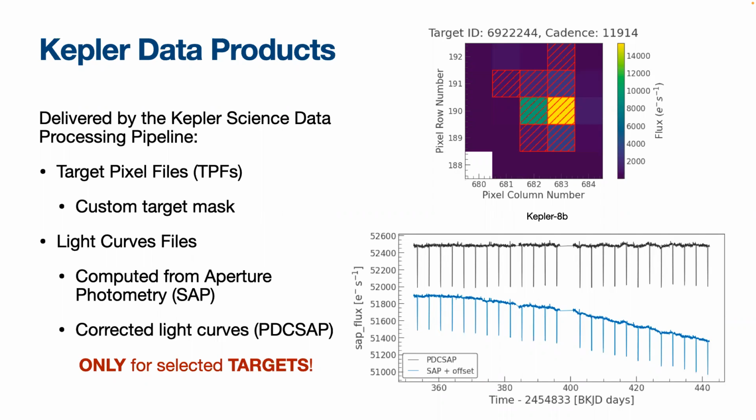These are mainly simple aperture photometry, but also a corrected version that is ready to do science, specifically focused on searching for exoplanets using the transit method, corrected for known systematics of the instrument. But the limitation is that it only produces light curves for the selected targets in the catalog. And this is a sample bias.